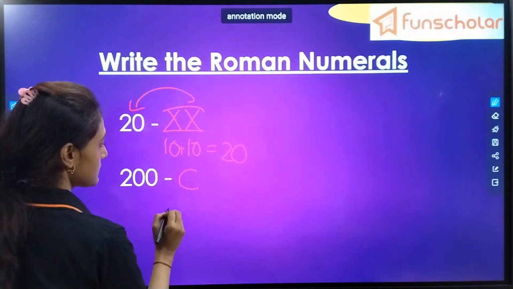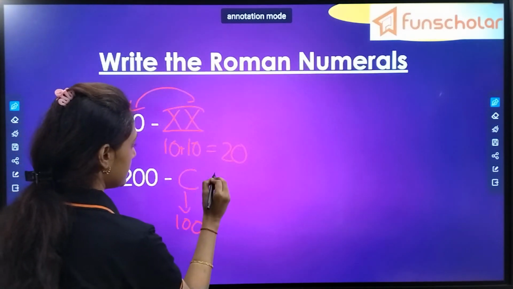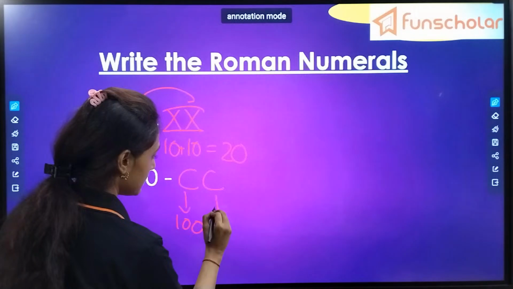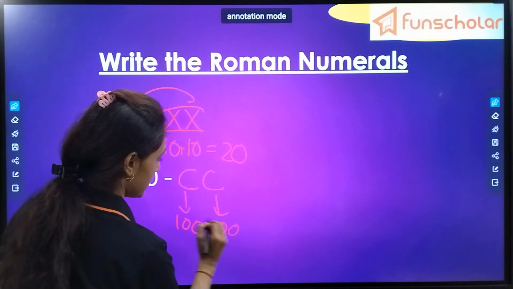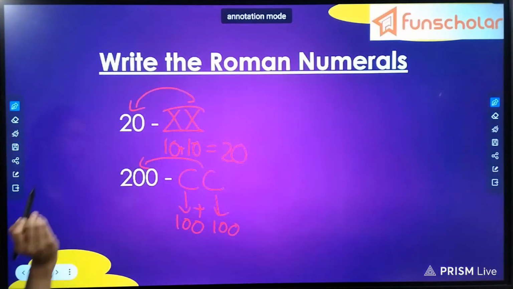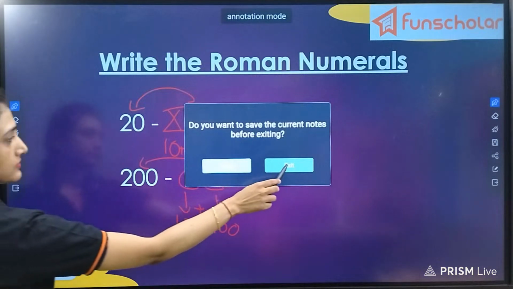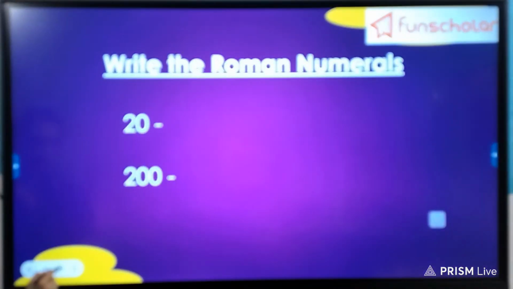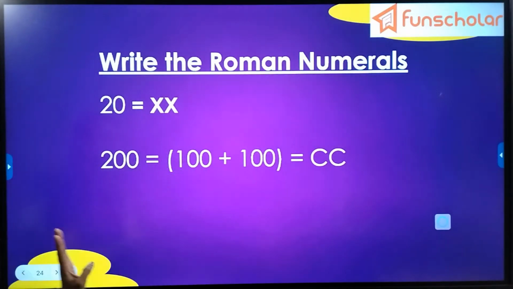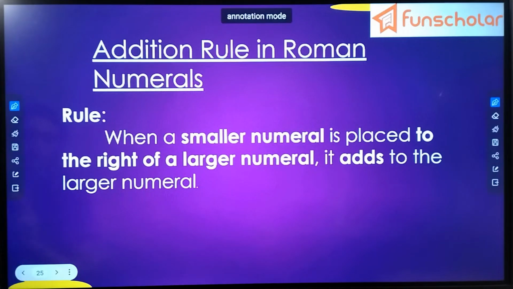So C means 100. Then if I put another C, it will represent another 100. Then 100 plus 100 equal to 200. See, correct?